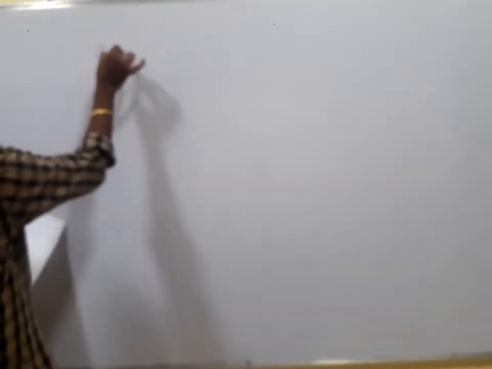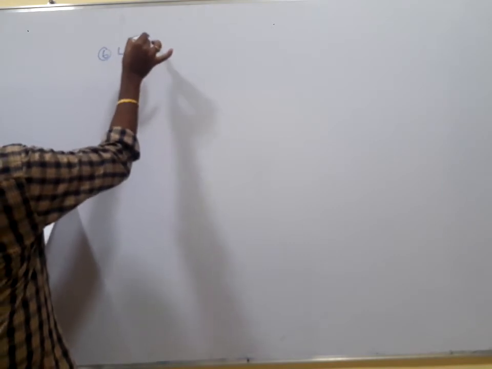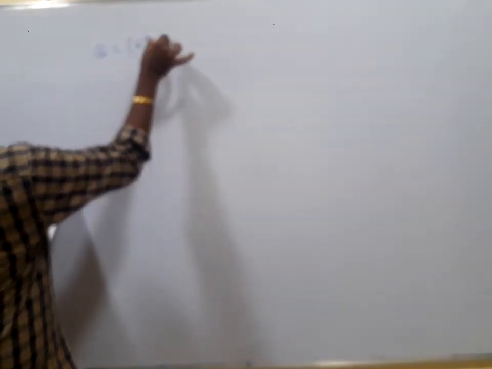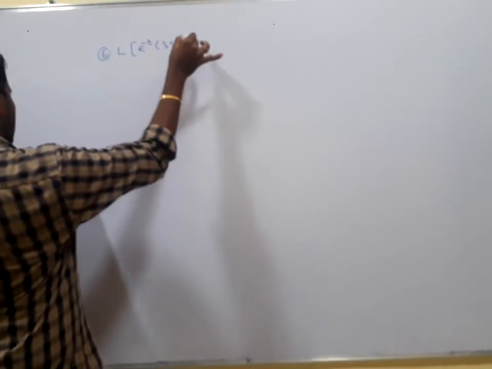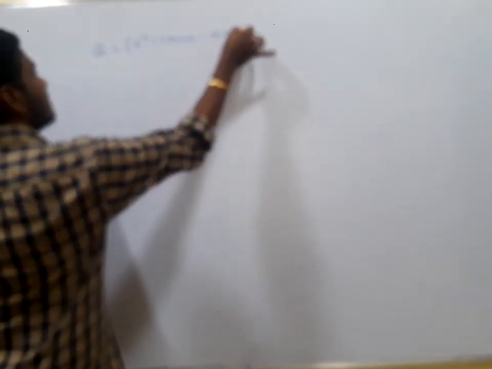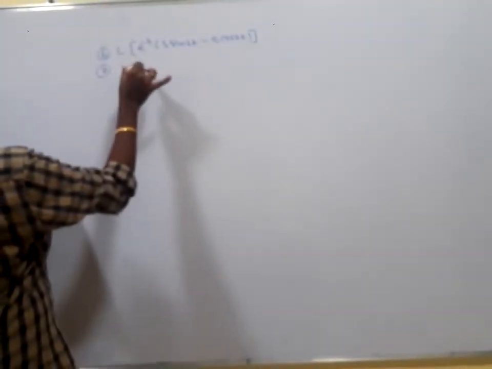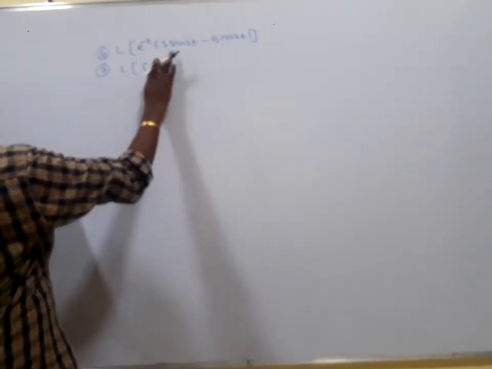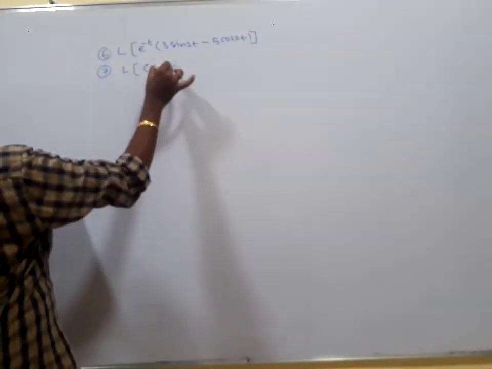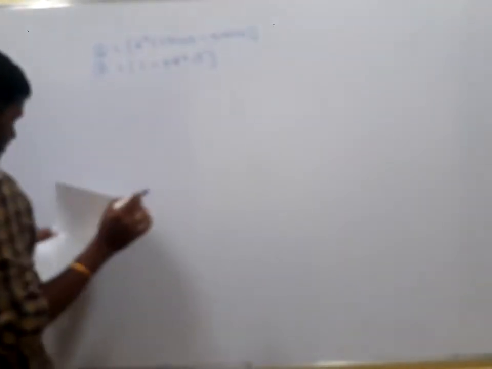Sixth one, Laplace transform of e to the power of minus t into 3 sin 2t minus 5 cos 2t. Seventh, Laplace transform of 1 plus e to the power of minus t whole cube. First expand it, then find out.